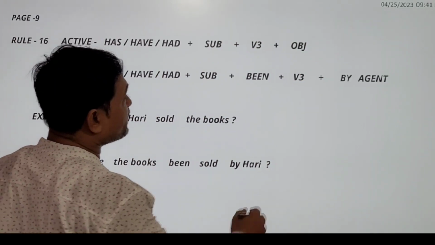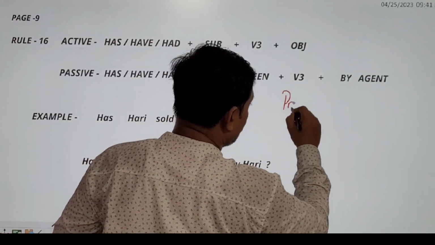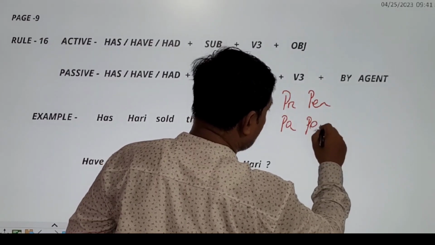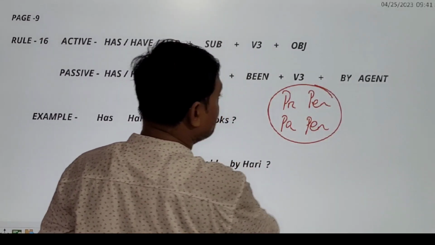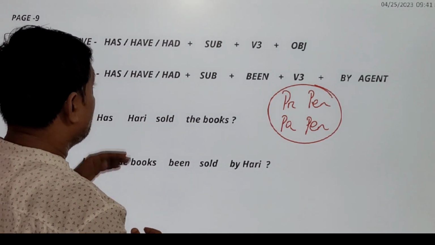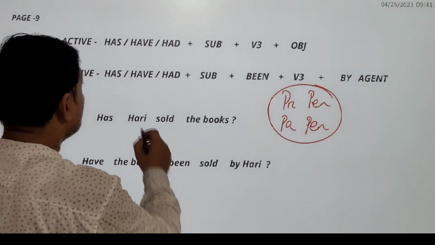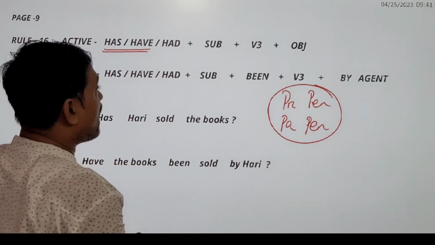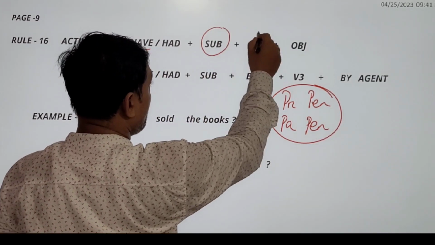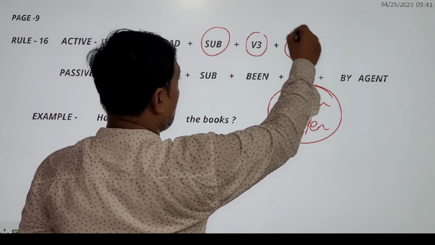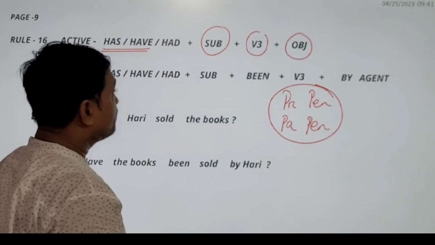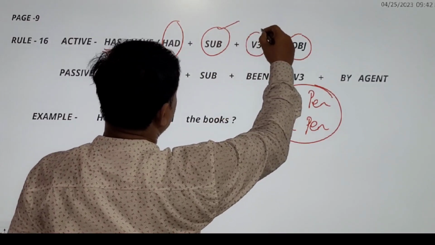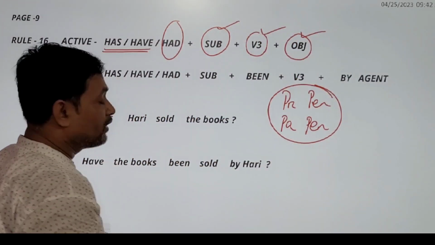Rule number 16 tells us present perfect or past perfect of active and its passive form, but it is in interrogative format. So if we talk about the present perfect, you should use has or have, subject, v3 and object, right? If it is past, had, subject, v3, object, right?